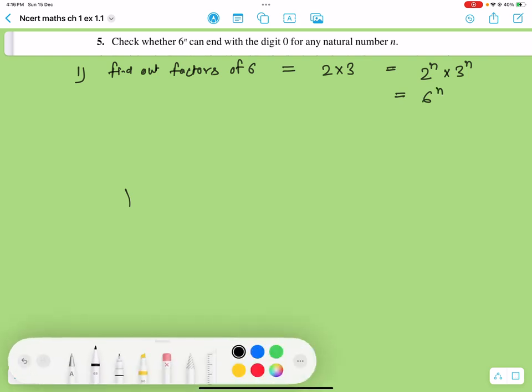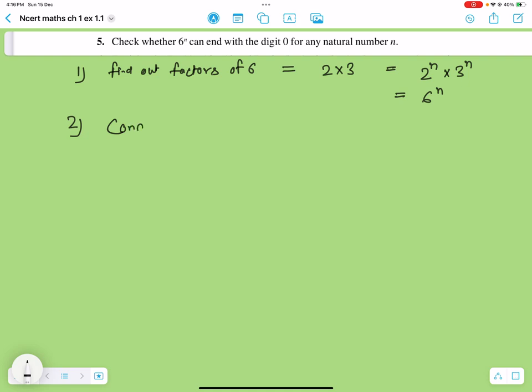So now the next thing would be, in order to prove that 6 raised to power n will never end with the digit 0, we need to write down the condition for a number to end with 0 at the units place. There are two conditions, right?